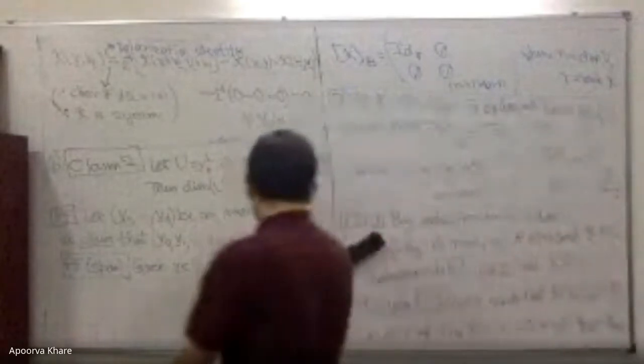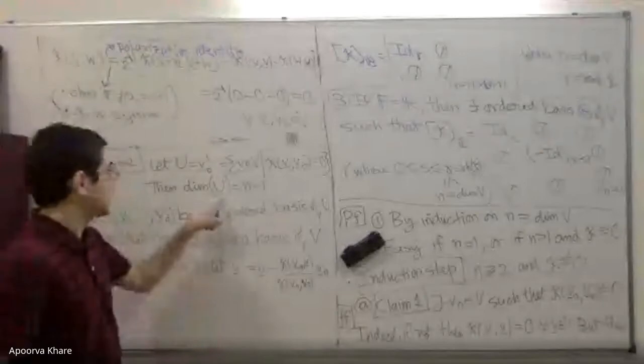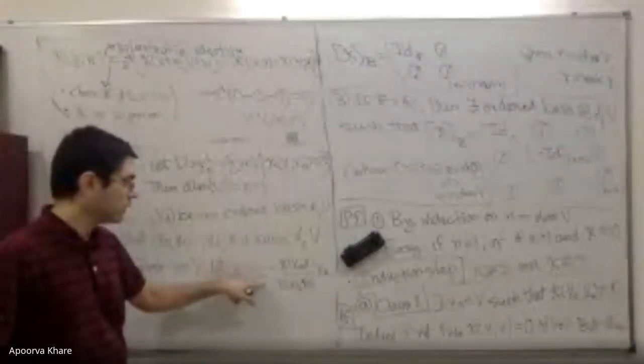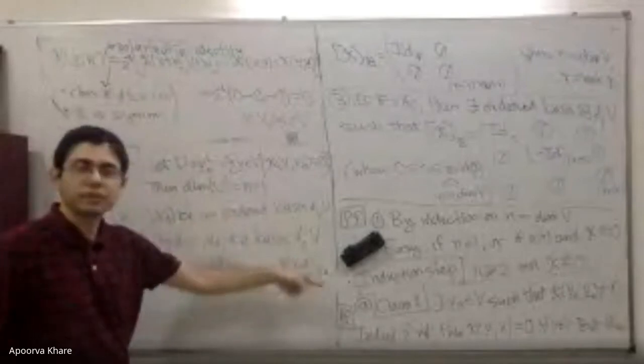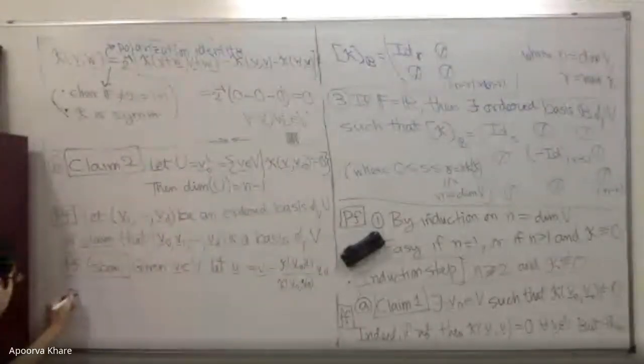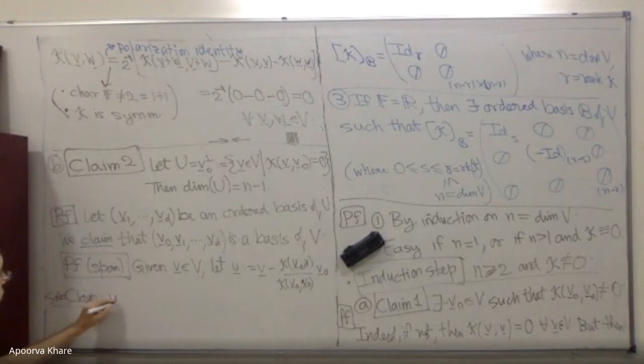So this is just something plus V plus some multiple of V naught. The claim is U is in capital U. And therefore V would be equal to something in capital U plus something times V naught, and I would be done.